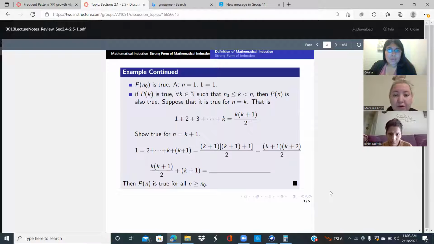Suppose that it is true for n equals k, that is, 1 plus 2 plus 3, etc. up to k, and the formula is k times (k plus 1) divided by 2. So show it's true for n equals k plus 1. Basically, wherever n was, you put k plus 1.